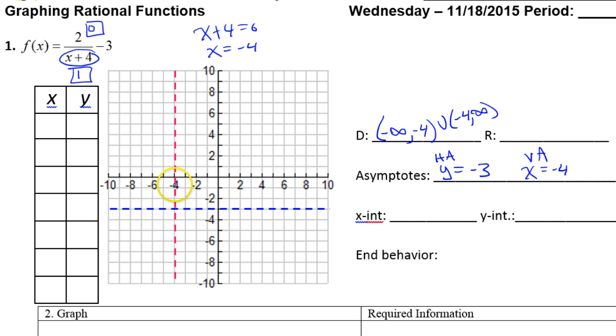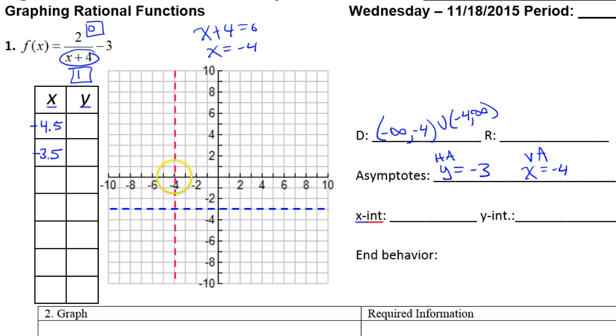Whatever other values you use, to the left of -4, just a little bit to the left, is -4.5. So I want you to definitely use -4.5. Just to the right of the vertical asymptote is -3.5. So whatever else you use, I want you to definitely use -3.5.